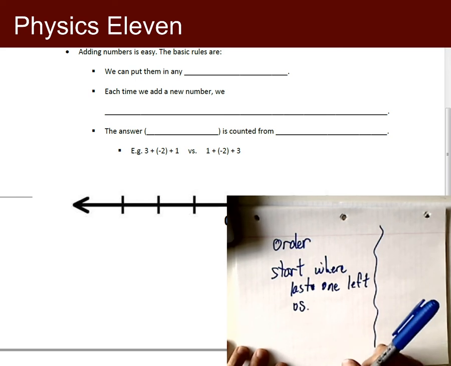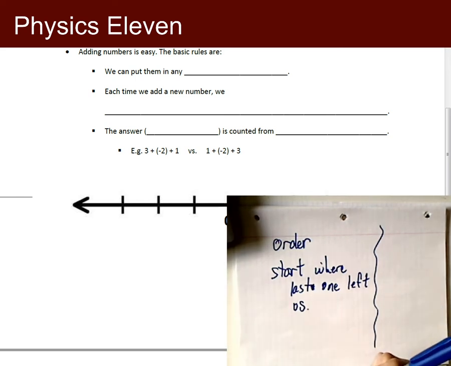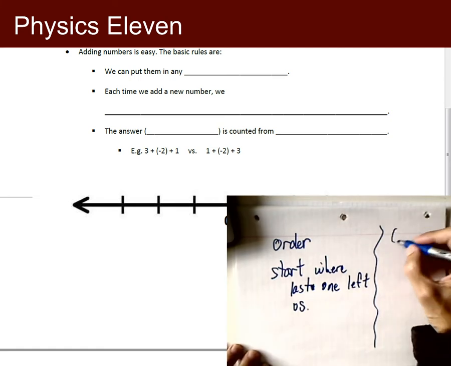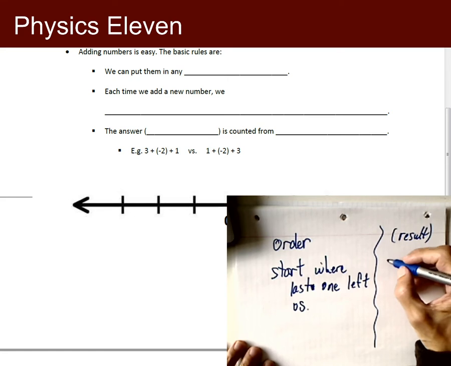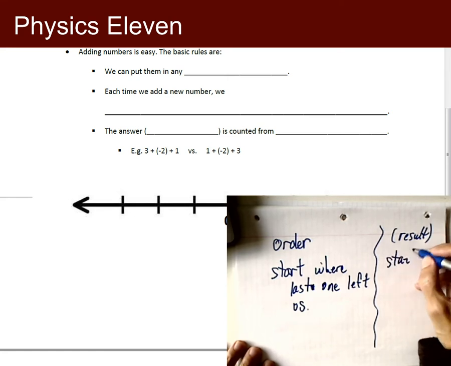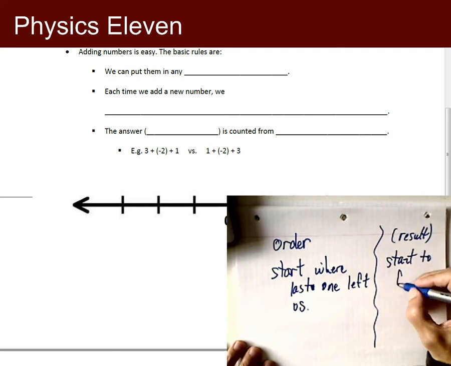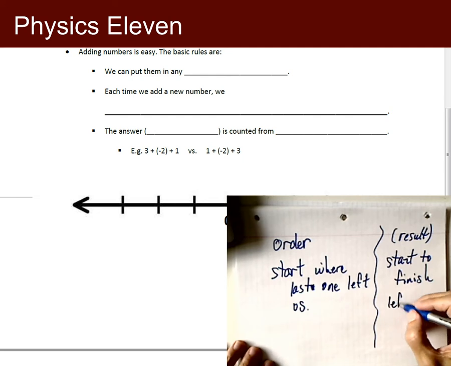Now the result, or the answer rather, and in brackets you can call it the result, is counted from start to finish, is one way of saying it, but with numbers you want to be going left to right.